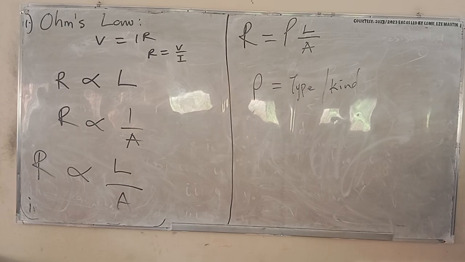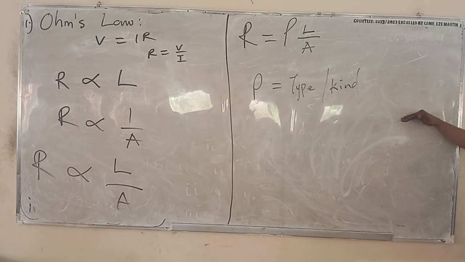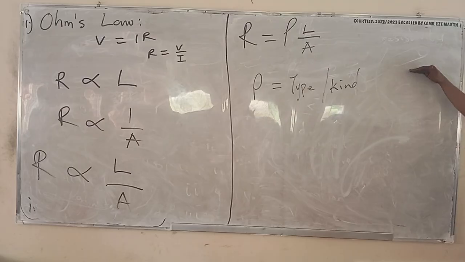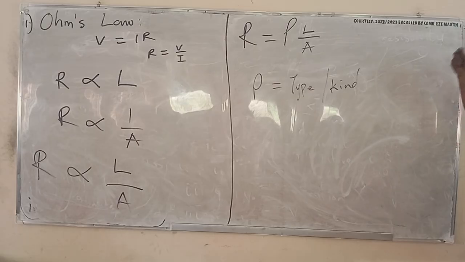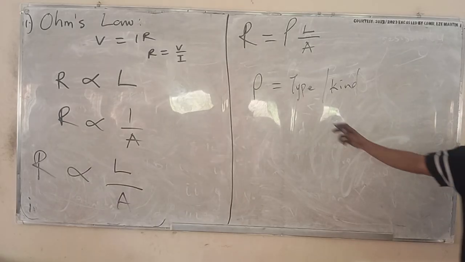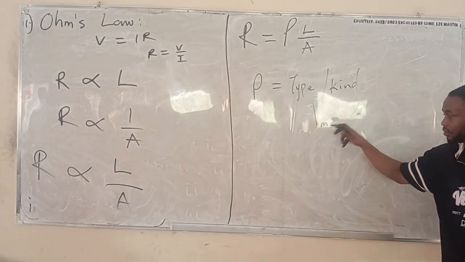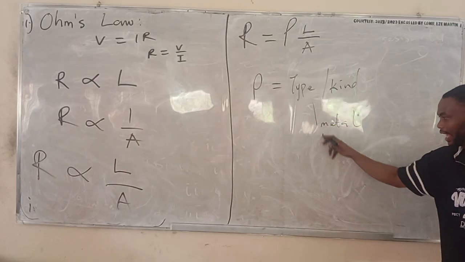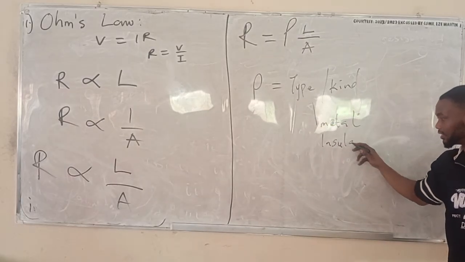See it this way. If the man is short or tall, and you like tall or short, that is talking about resistance. You are resisting. But when it has to do with resistivity, he's checking what type or kind of person that thing is. That is resistivity for you. So if that thing is a metal or an insulator, that is resistivity.